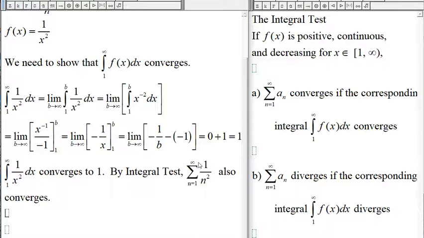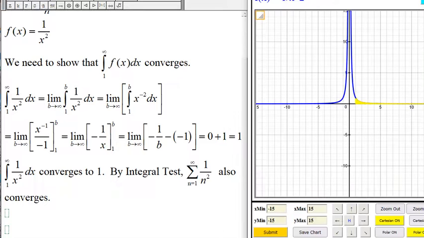We can use a computer program, maybe run 1 to 1,000,000, and that will give us an approximate value for this infinite series, but it's not 1. The integral of 1 over x squared equal to 1 means this.